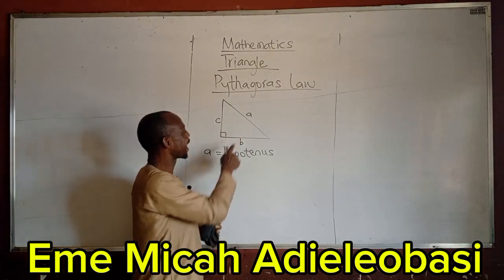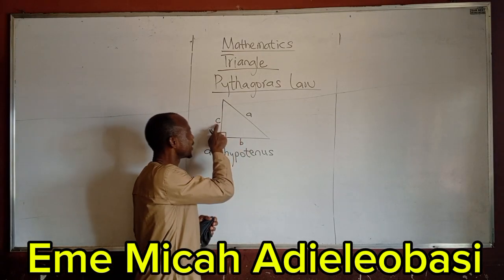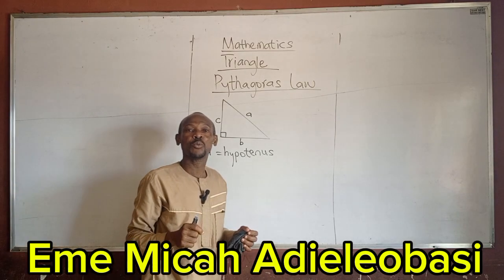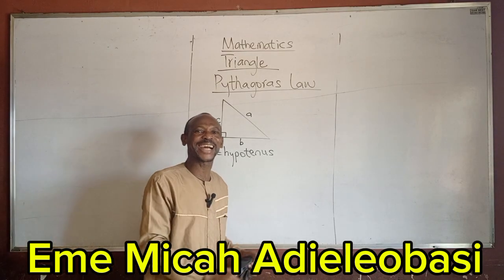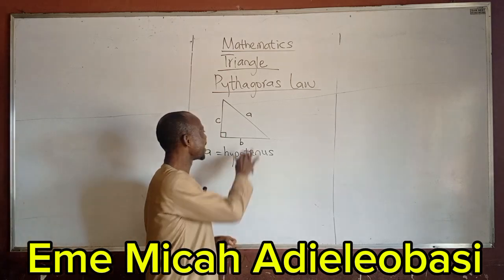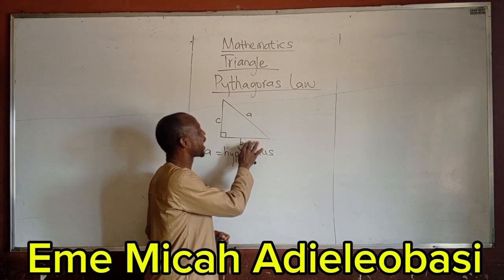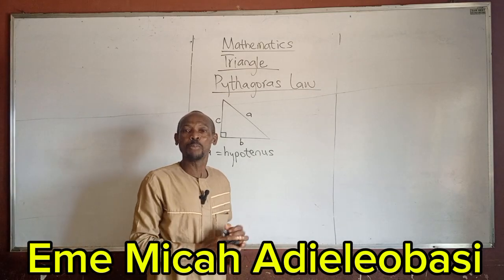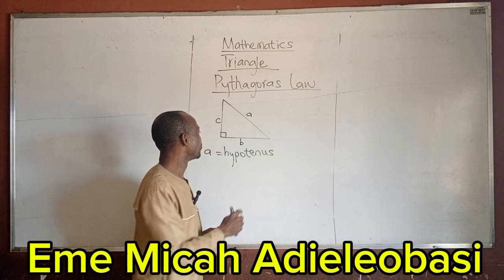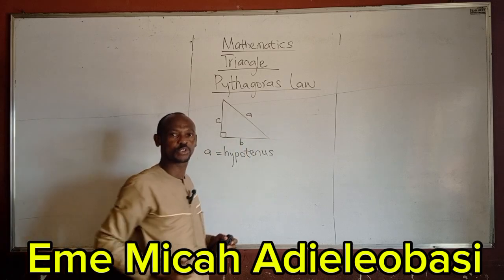While the other sides, B and C, we can call them the opposite side and adjacent side. We will look at that later. But for now, let us know what the hypotenuse is.